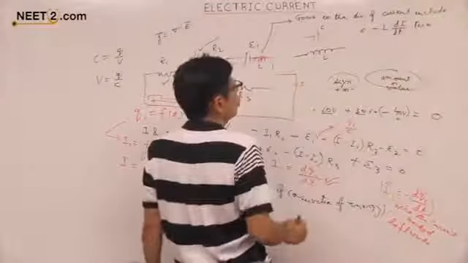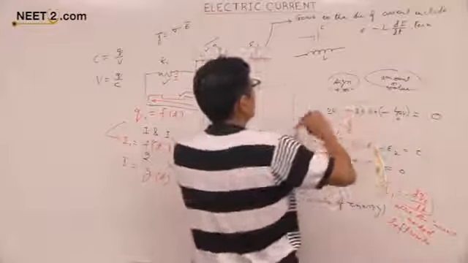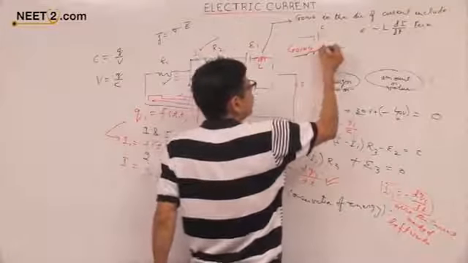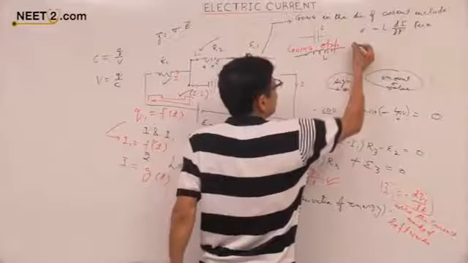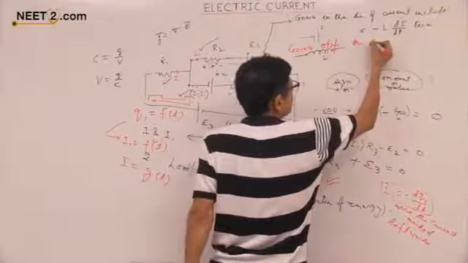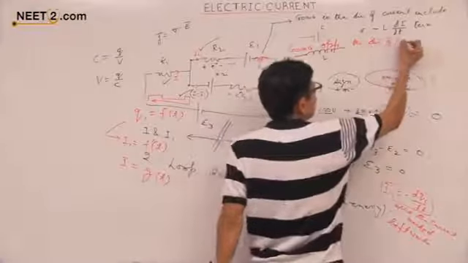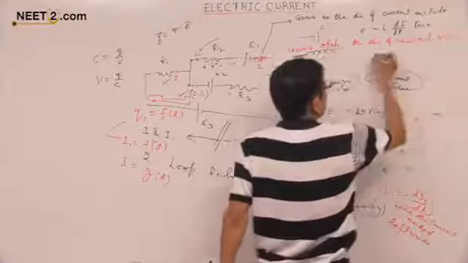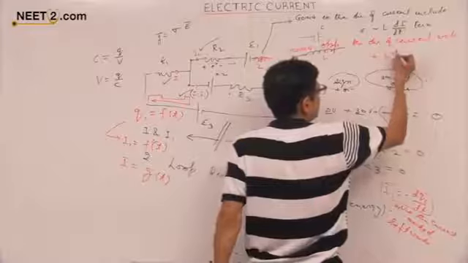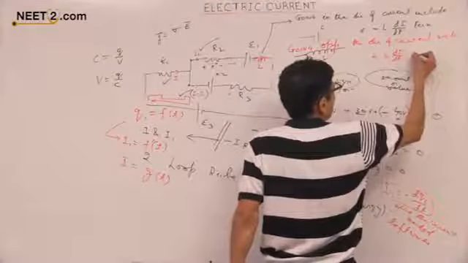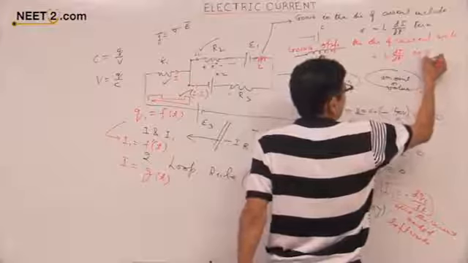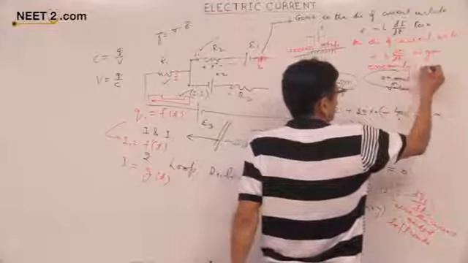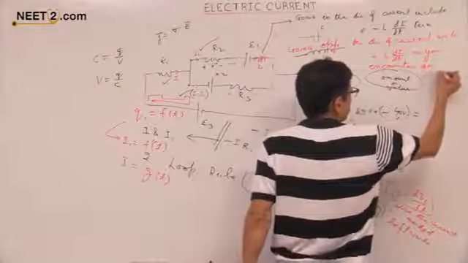Now, this automatically means the second rule, which I'll now write in red. Going opposite the direction of current, write plus L di by dt as you encounter an inductor.